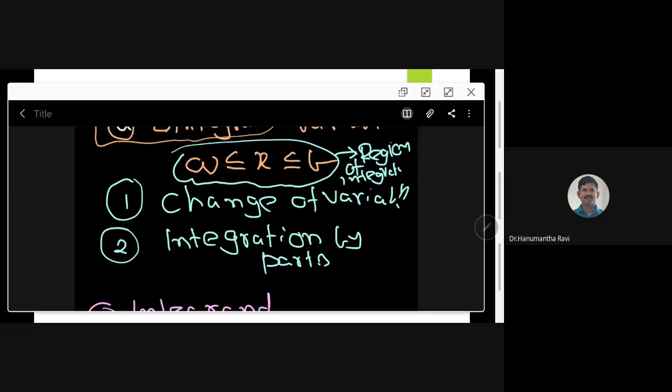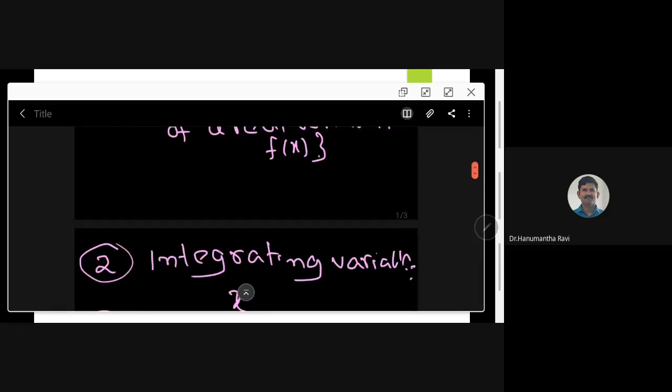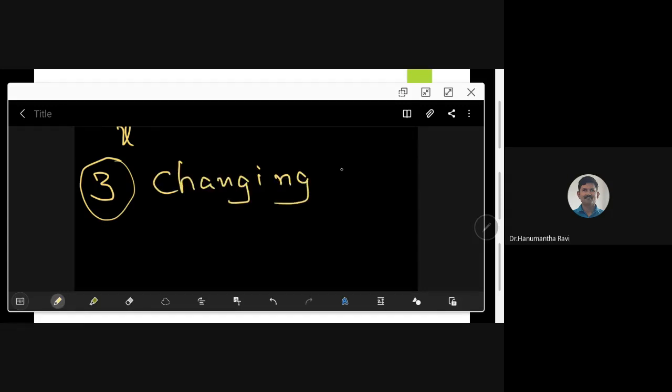One is called change of variable, the other is called integration by parts. In addition to these two, when we discuss multiple integrals, there comes a third idea. It is called changing the order of integration.